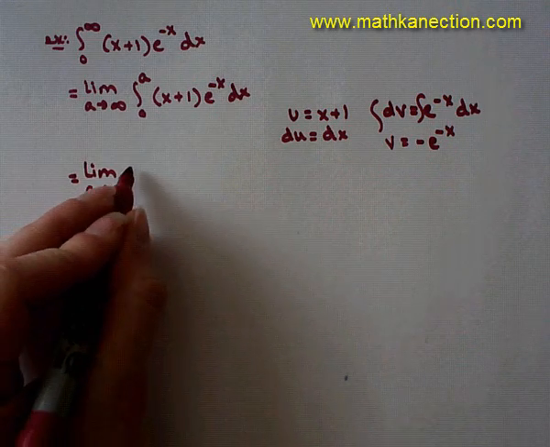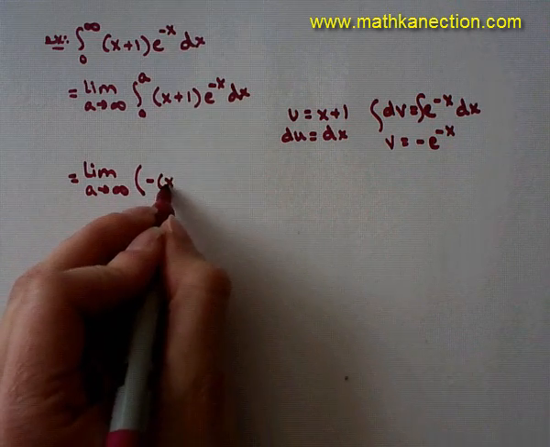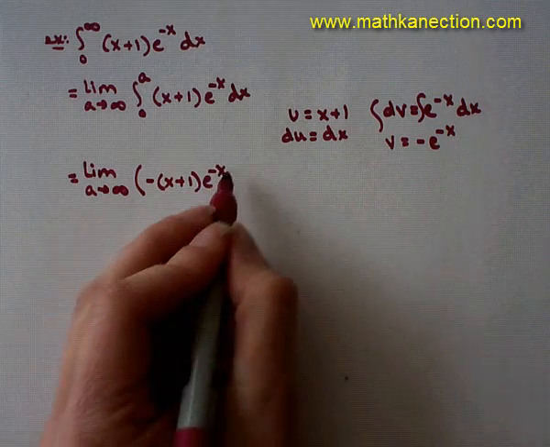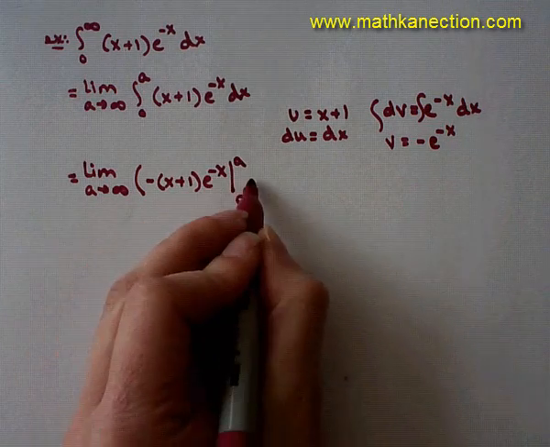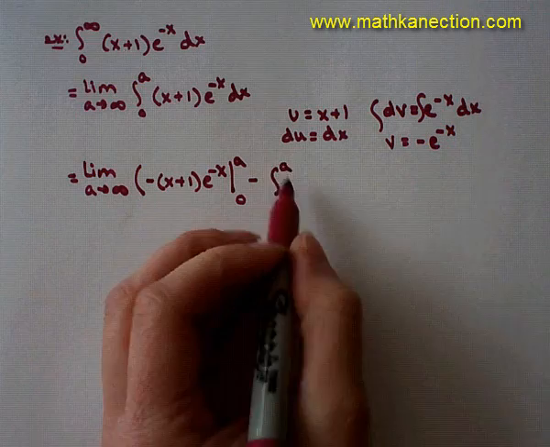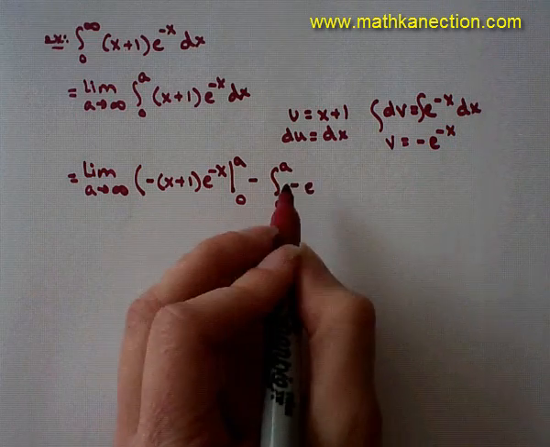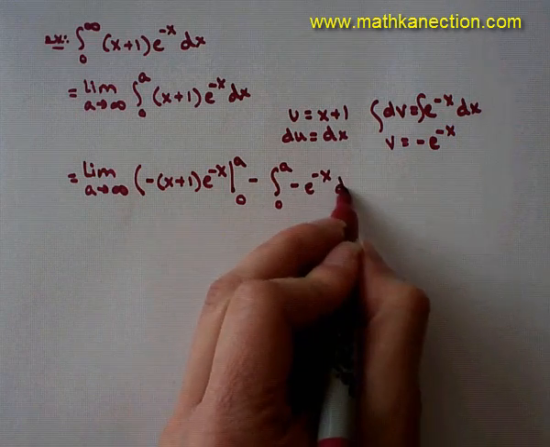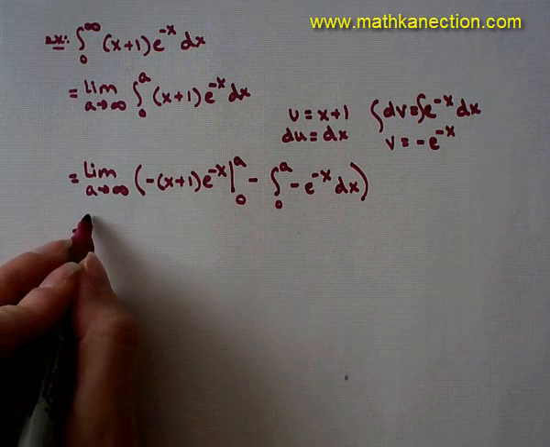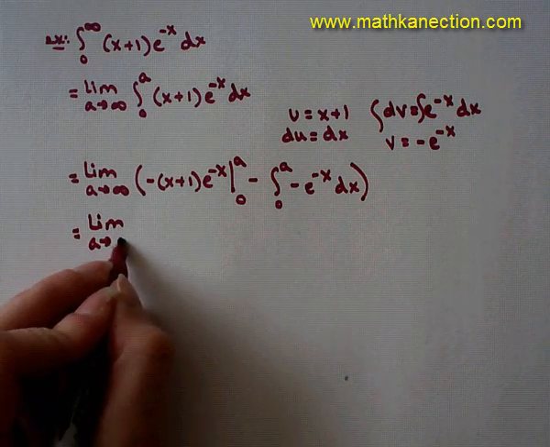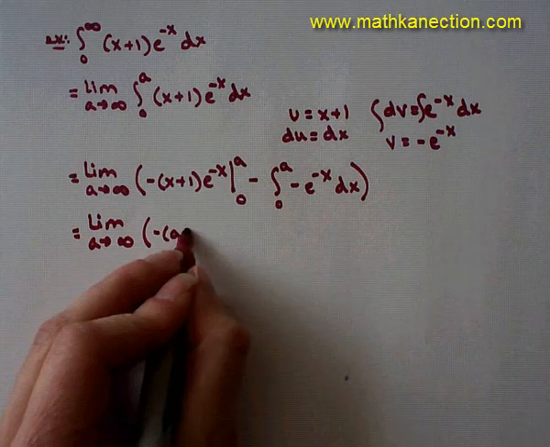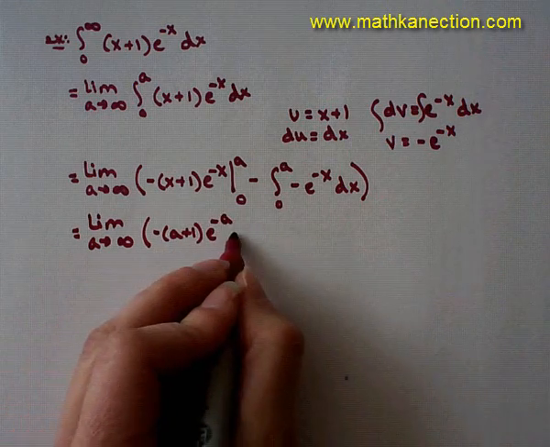So it's the limit as a approaches infinity of u times v from 0 to a minus the integral from 0 to a of v du. So the limit as a approaches infinity, replacing in the value of a, and then subtracting, replacing in the value of 0.